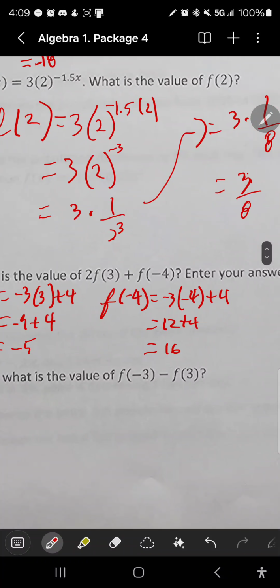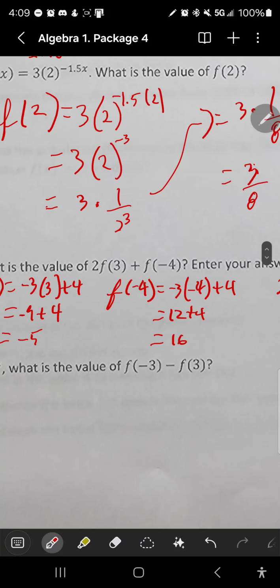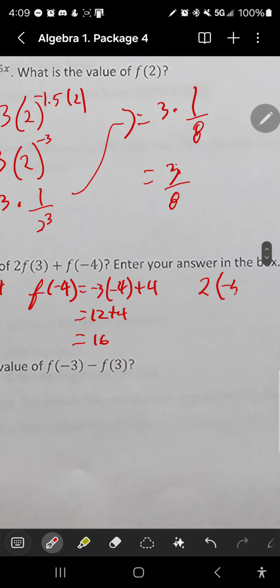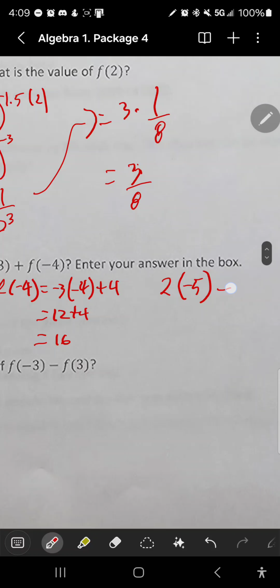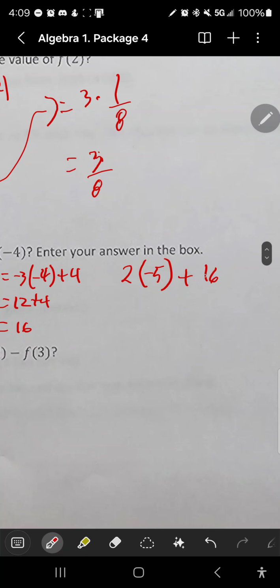Now let's do the equation. They say 2f(3), and f(3) is negative 5, so 2 times negative 5, plus f(-4), which is 16. So it will be equal to negative 10 plus 16, which is 6.